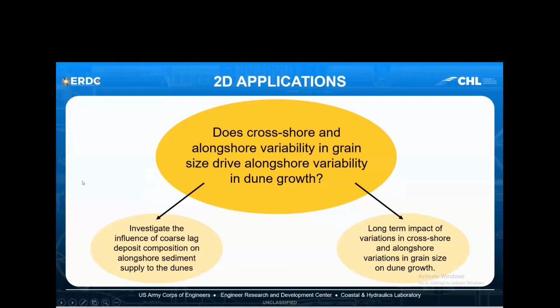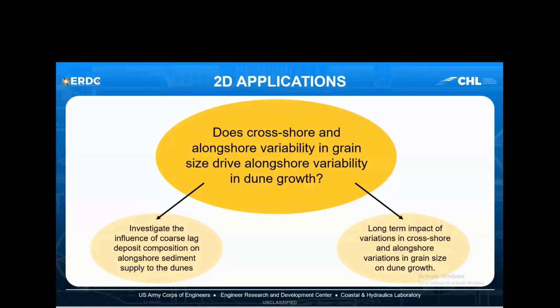Looking at these two 2D applications, we start off with the main question: does cross-shore and alongshore variability in grain size drive alongshore variability in dune growth? I'm splitting this into two parts. The first is investigating the influence of the coarse lag deposit composition on alongshore sediment supply to the dunes. This is what I had done for Coastal Sediments and presented in a poster there.